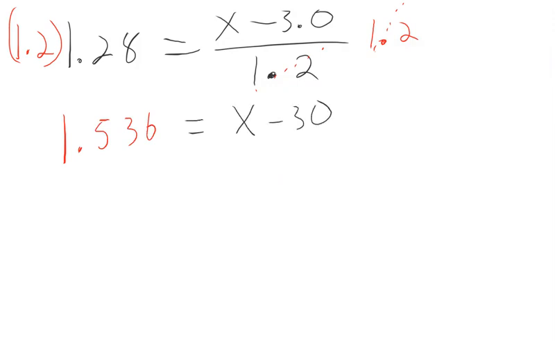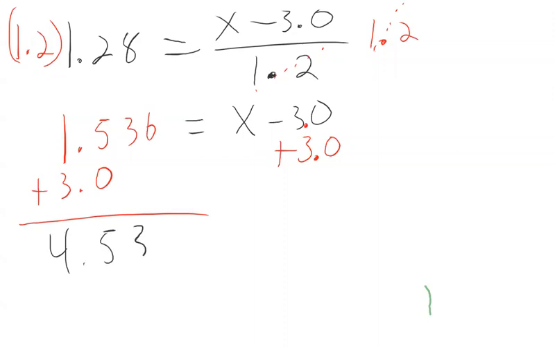Now I have to get X by itself, so I'm subtracting 3.0, so I do the opposite and add 3.0, which gives me 4.536 equals X. So there's the algebra. Thank you. Yeah, that's a good question. I don't mind doing that at all.